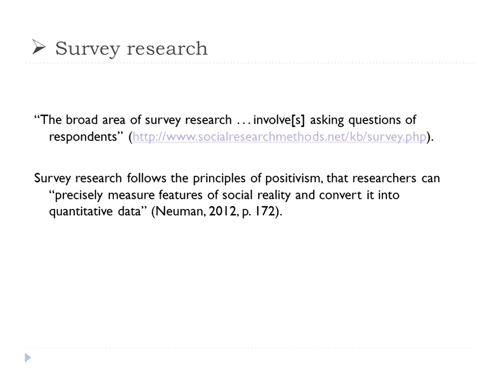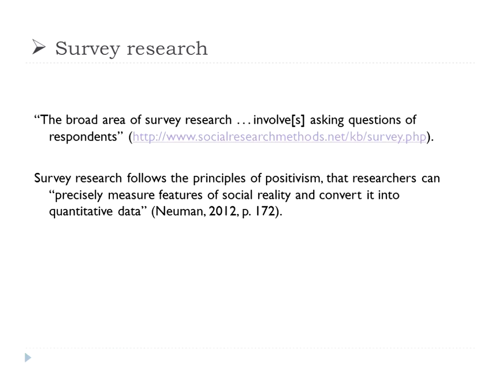We've talked about survey research in terms of writing survey items and a few other aspects of surveys. I like this definition of a survey. It's the broad area of survey research. It involves asking questions of respondents.